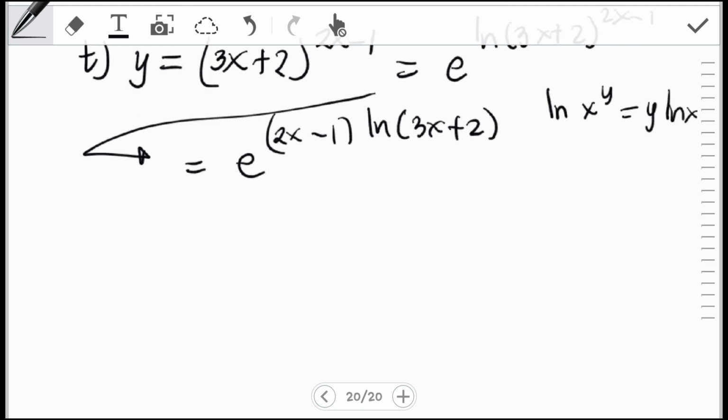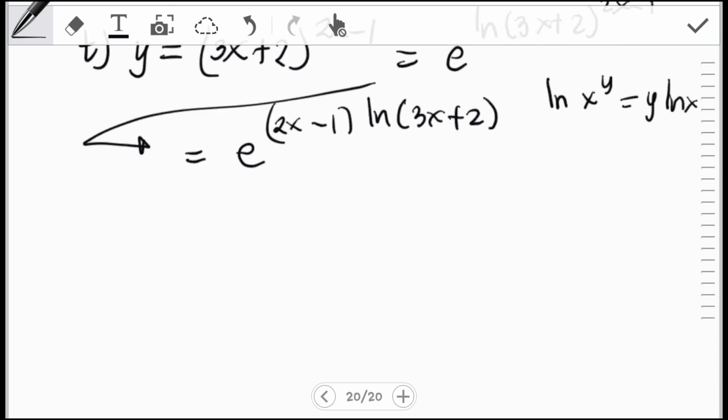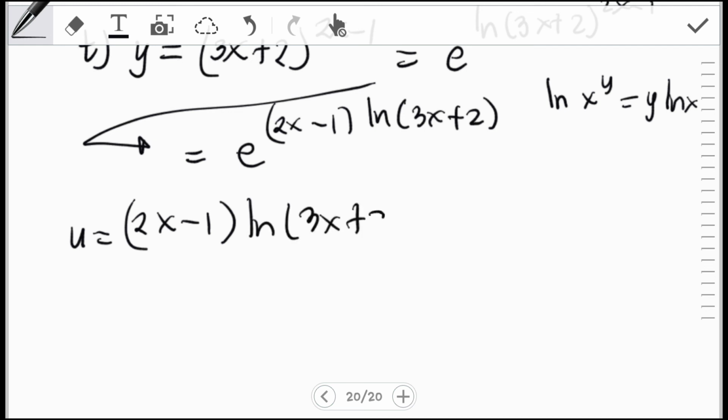So derive. Let u be 2x minus 1 times ln 3x plus 2. We can now apply the chain rule here.